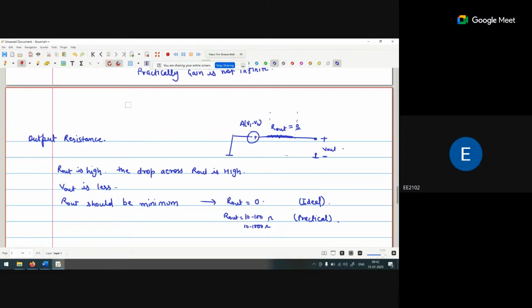So practically resistance 0 is not possible. So we are taking an R out. Clear? So that's why two conditions: the input resistance should be maximum, the output resistance should be minimum.